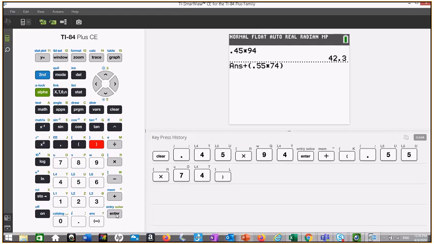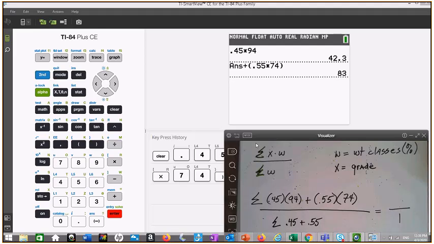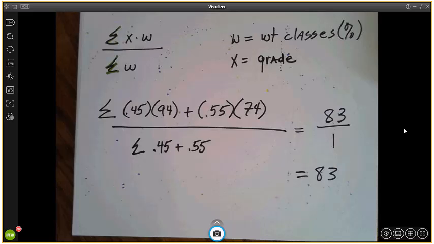And that comes out to be 83. So I have an 83 over 1. And of course that 83 over 1 is equal to 83. So my final answer is I have a B in the course. And that's pretty much how you do that problem.